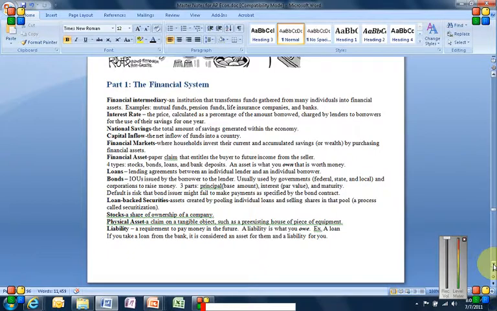Loan-backed securities are assets created by pooling individual loans and selling shares in that pool. It's also known as securitization. So you could have a bank, and this was done quite a bit recently in the United States, that issues a whole bunch of home loans, and then they say, we're not going to wait 20 years or 30 years for our customers to pay us back directly.